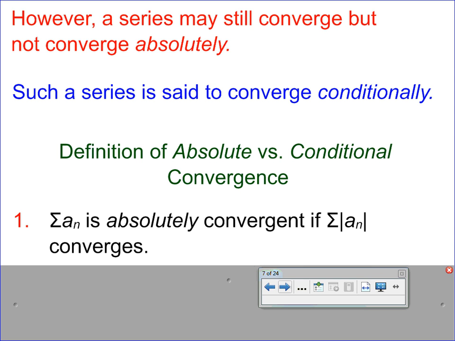The series is absolutely convergent if the sum of the absolute value of the terms, that is all positive terms now, converges. So if the series of the absolute value of the terms converges, then the original series converges absolutely.